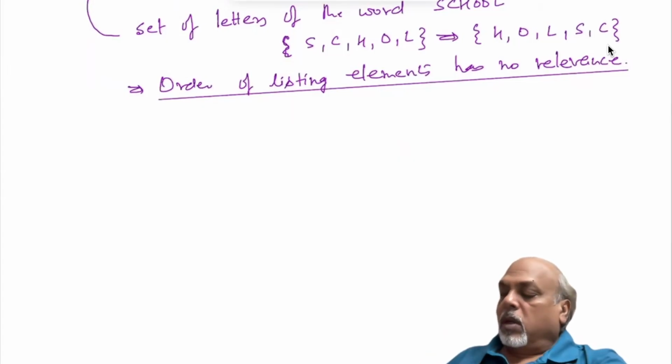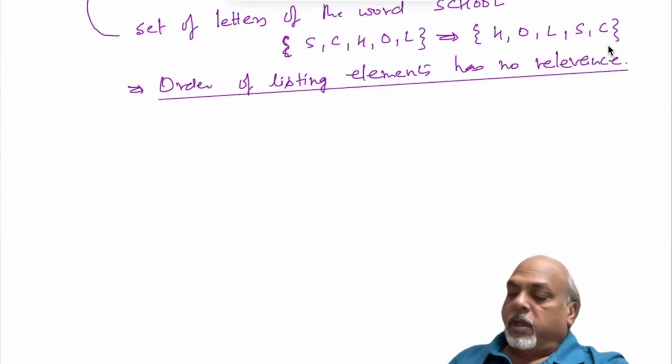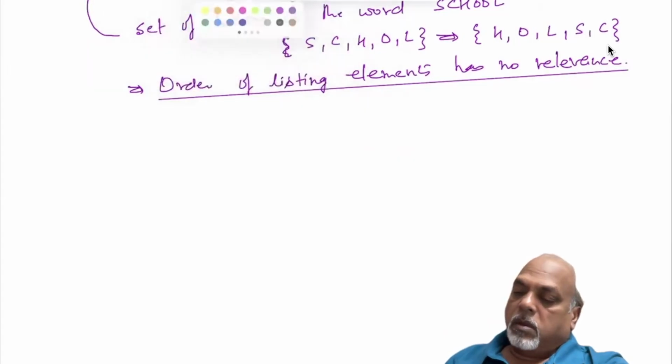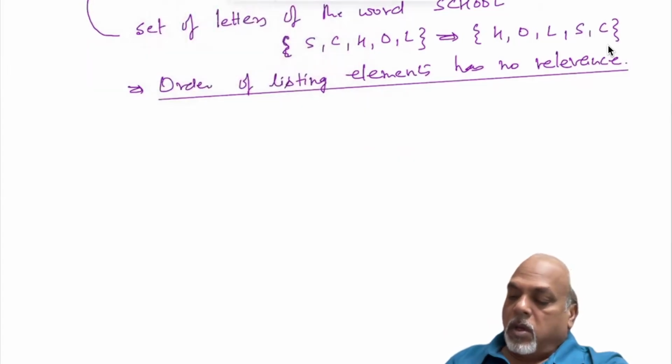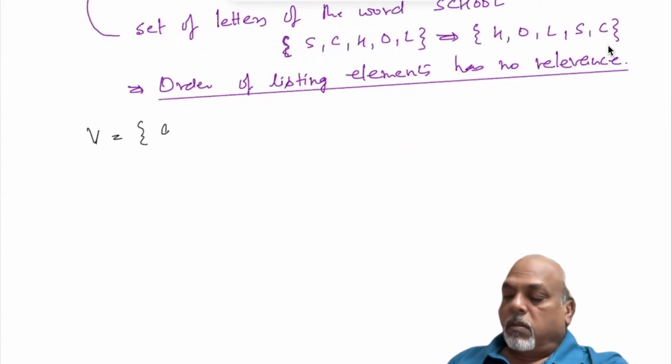Now let us talk about set builder form. Suppose in the roster form, you have V, the set of vowels.